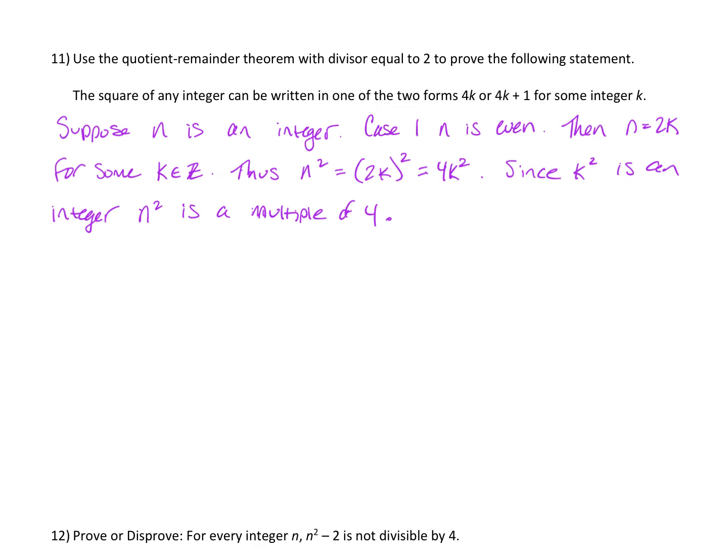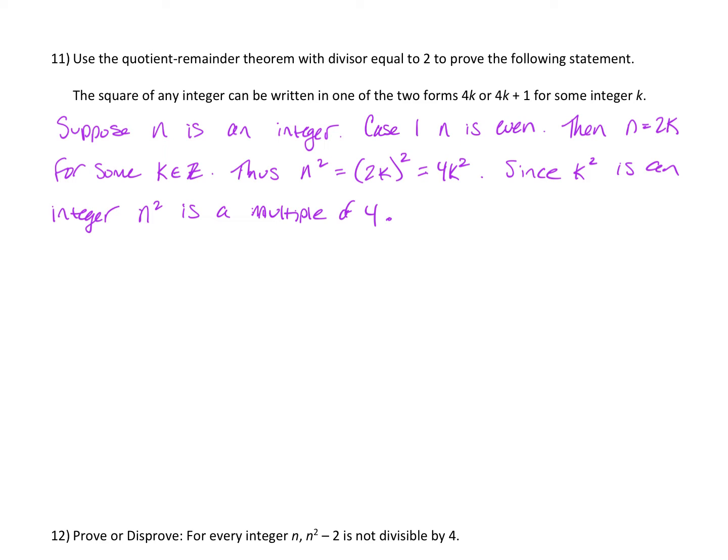And that is what we were trying to show. All right, we were trying to show that the square of any integer is either a multiple of 4 or a multiple of 4 plus 1. Okay, so we supposed n was an integer, and then case 1 is that n is an even integer, and we get that n squared must be a multiple of 4.